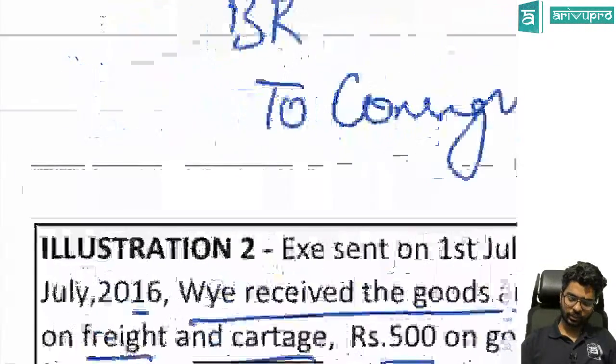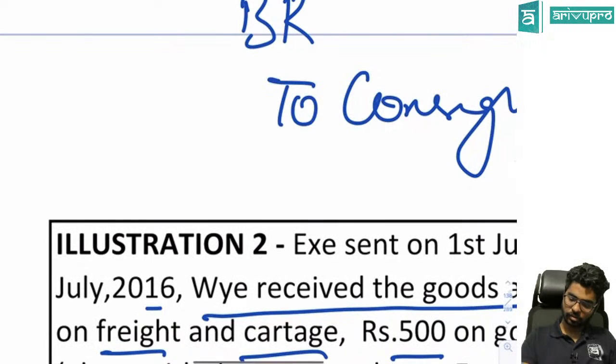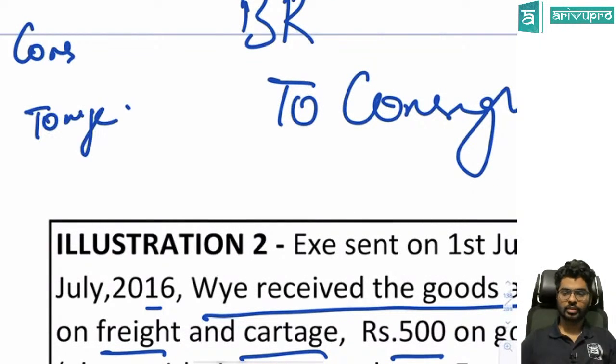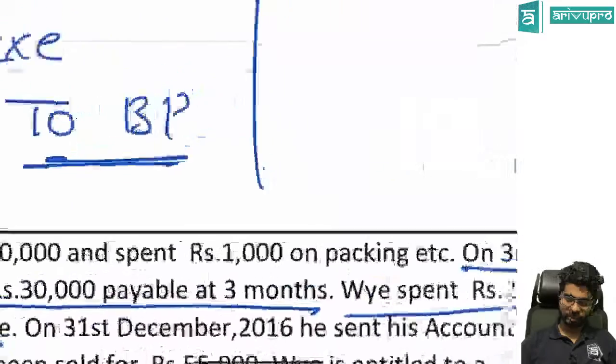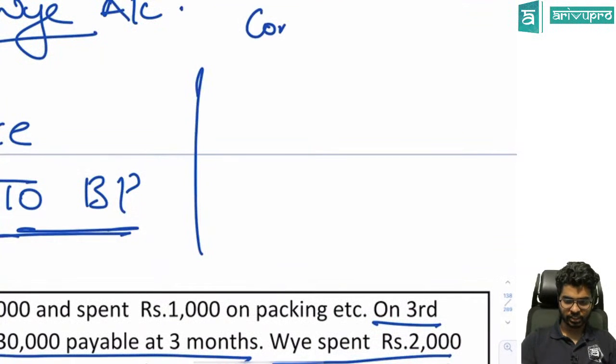Here I wrote it as consignment to Y. Correct? But for the consignee, what will be the journal entry?